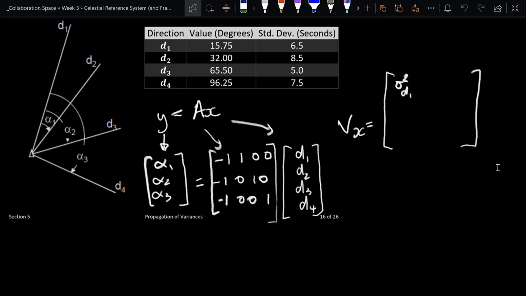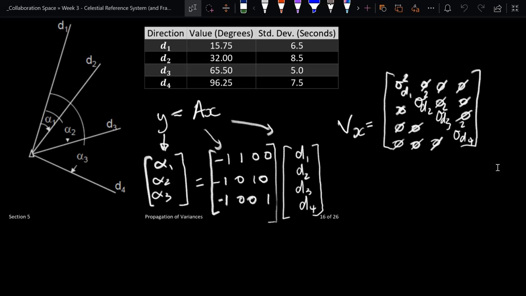Ran out of room. Now the directions are all independent of each other, so they don't influence each other, they're uncorrelated, so everything in the off diagonals here will be zeros. And of course it's symmetric, so these are all zeros up here as well. So we'd only have terms down the diagonal.